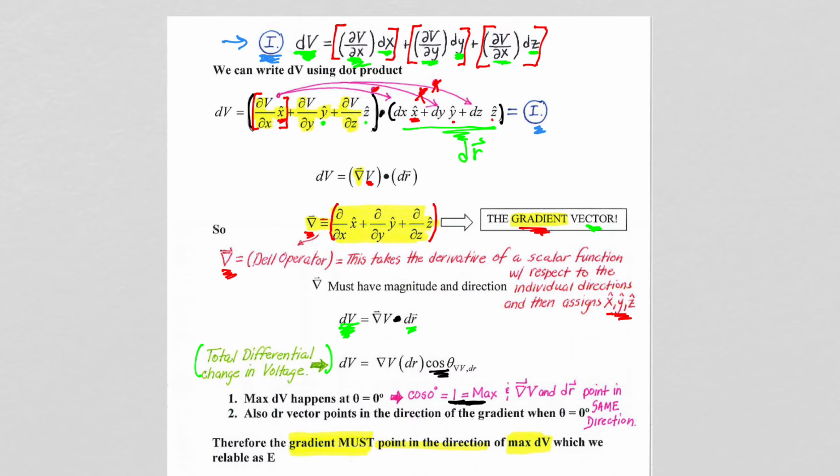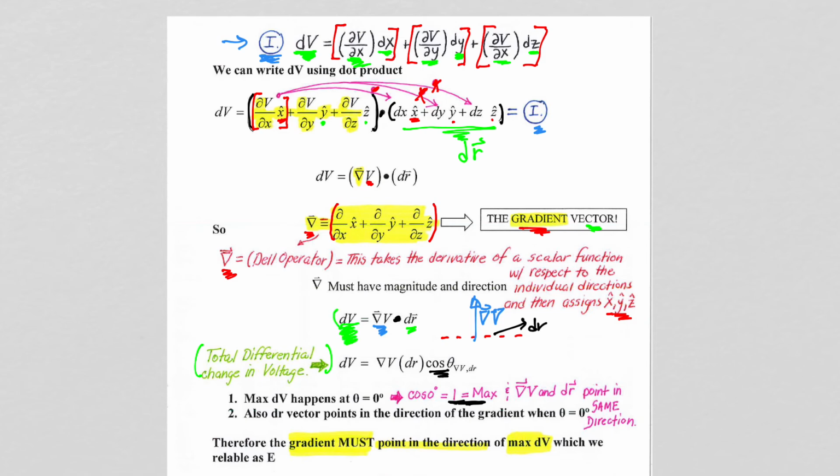That means that, and this is the most important part in terms of understanding why it is that the gradient vector, this gradient V, has to be in the direction of maximum increase. That del vector V, the gradient of V, has to be in the direction of maximum increase because when we take the dot product with any dr, we know we get a maximum change in voltage.